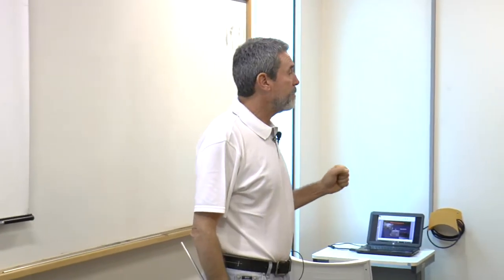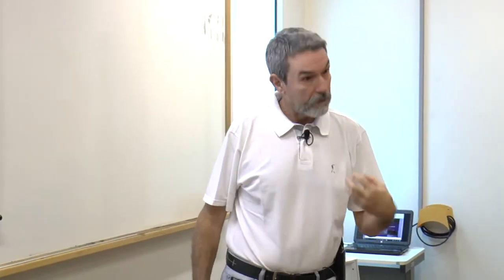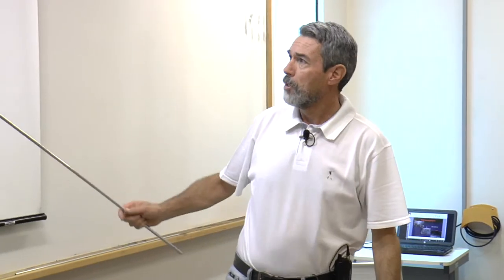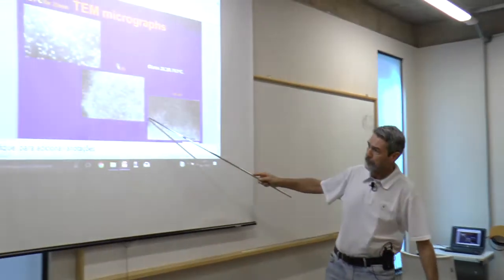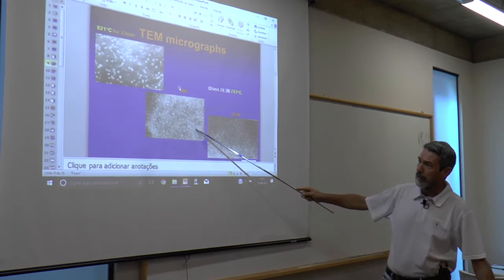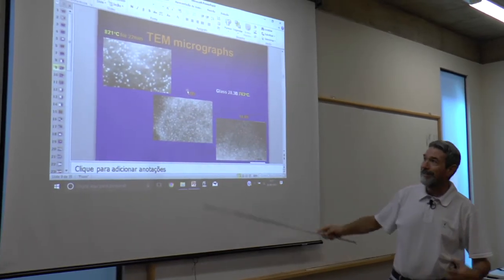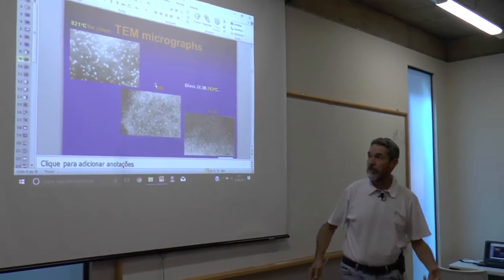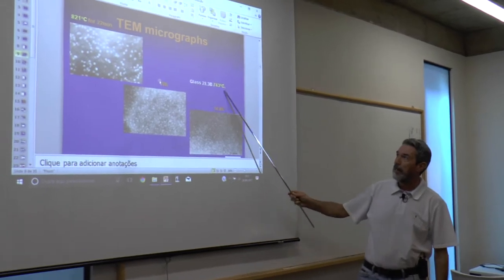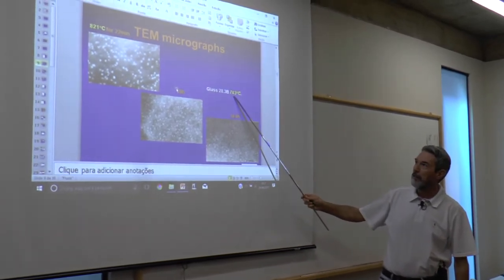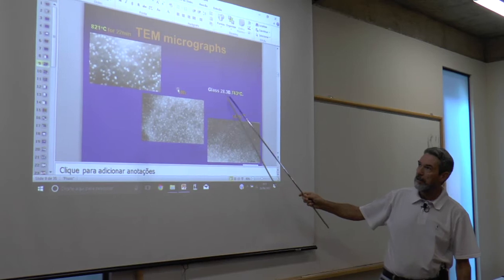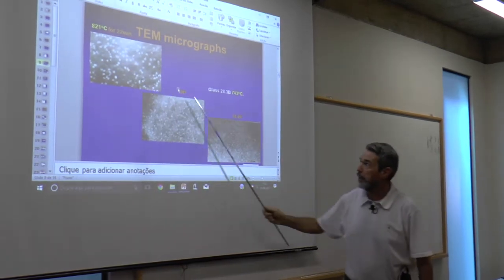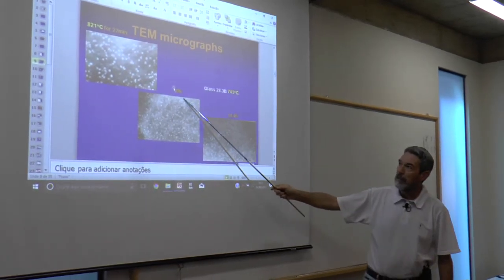And they have a very significant effect on several properties, including an effect on the crystallization kinetics. So you can see here that one can vary this nanostructure of these materials by changing either the temperature or the time of heat treatment.